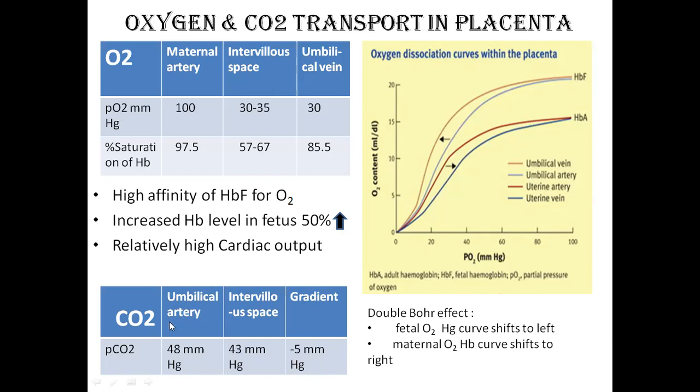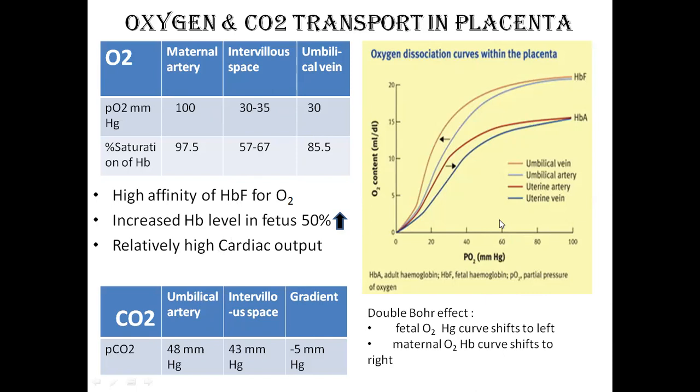And so continuously, carbon dioxide diffuses from the umbilical artery to the intervillous space and thence to the maternal vein. So this carbon dioxide exchange is by pure diffusion, and oxygen is also by diffusion, but here the affinity of hemoglobin F, the increased level of hemoglobin, and the relatively high cardiac output all maintain the oxygen saturation.